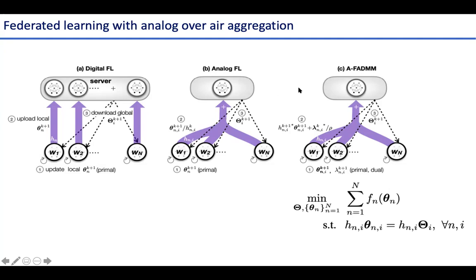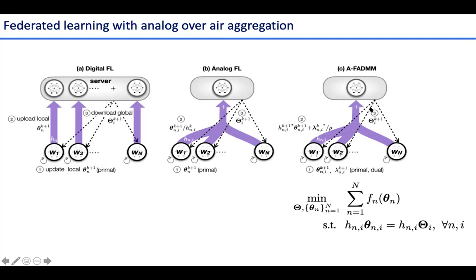And therefore, we actually introduced another framework. So this is our contribution to federated learning with analog and over-air aggregation, where we integrated the channel into the optimization problem, or into the federated learning problem.